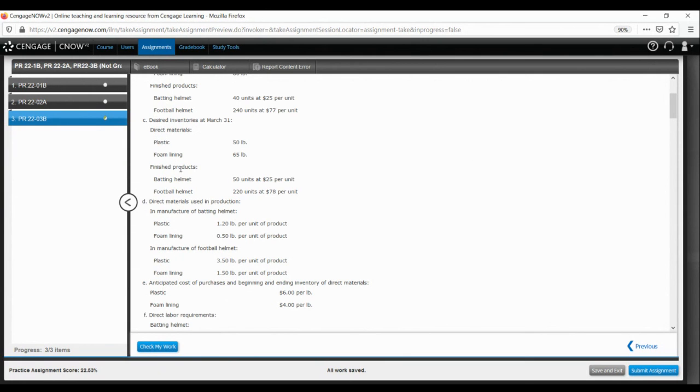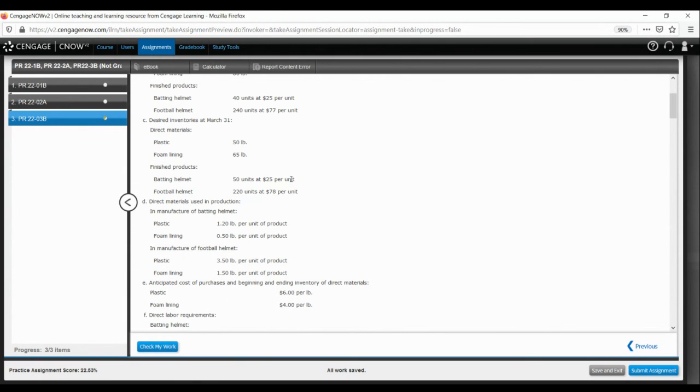The ending inventory for finished goods is 50 units times $25 each. I would write that down, and that amount will give you $1,250. 50 units times 25 equals $1,250. 220 units times 78 equals 17,160.